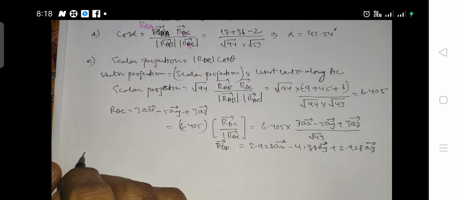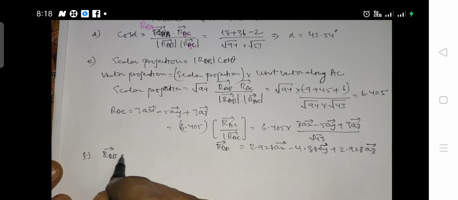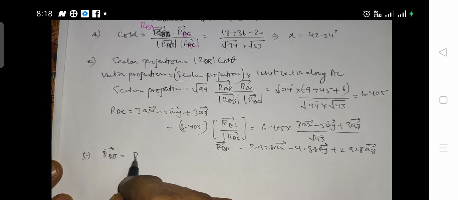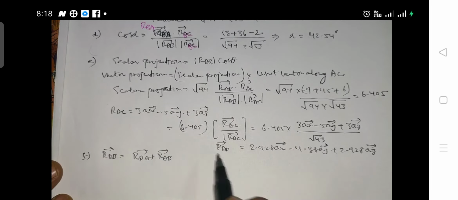For F I am writing down here R dB bar is equal to R dA bar plus R AB bar. But we know the value of R AD, hence R dA bar is nothing but the opposite of this one.